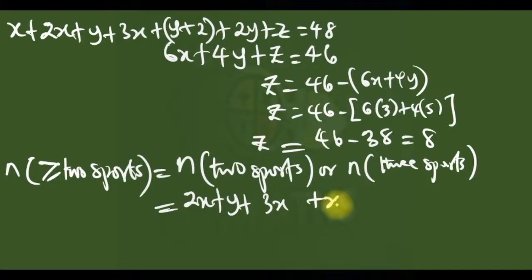So the answer is 2x plus 3x plus x, which is 6x plus y. 6 times 3 plus y, which is 5. So 18 plus 5 is 23. The answer is 23.